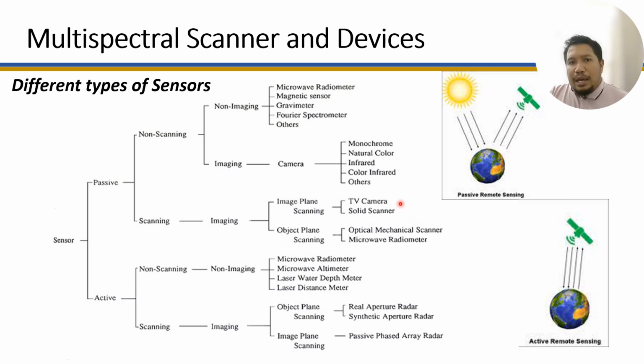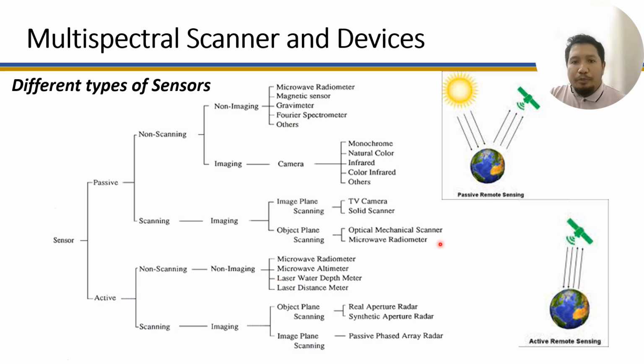For example, TV cameras, a traditional video camera, and solid scanner, a device that scans using solid state sensors like CCD or CMOS. And then we also have object plane scanning, which scans the object plane by moving the sensor or using scanning mechanisms.